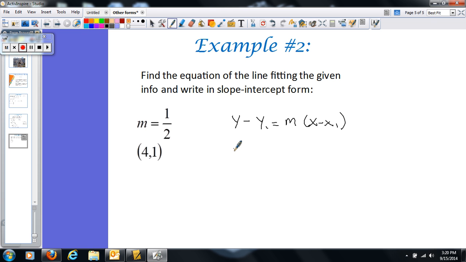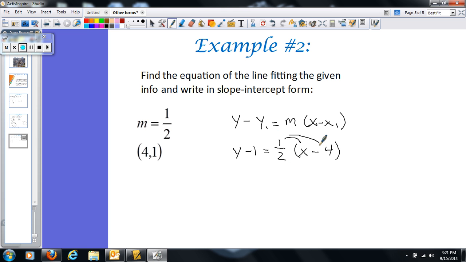So my equation, when I substitute, is y minus the y coordinate, which is 1, equals m, which is 1/2, times x minus 4. And now you're going to simplify on the right side and then solve for y.